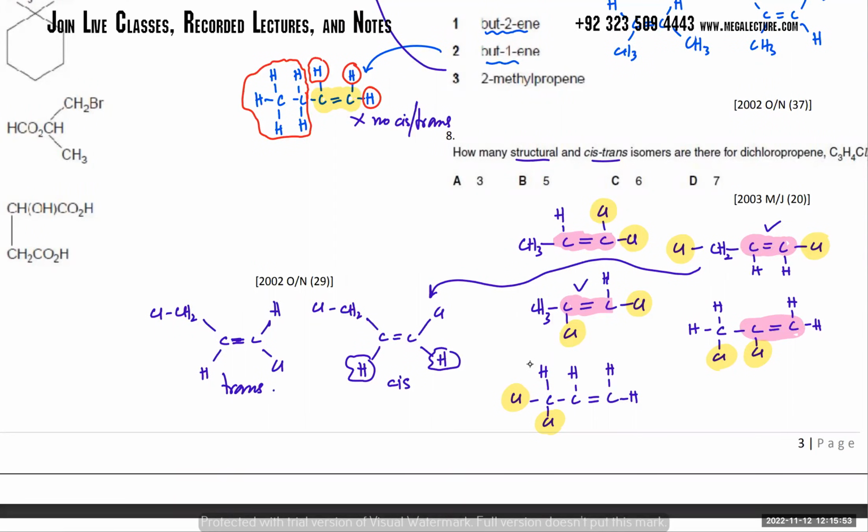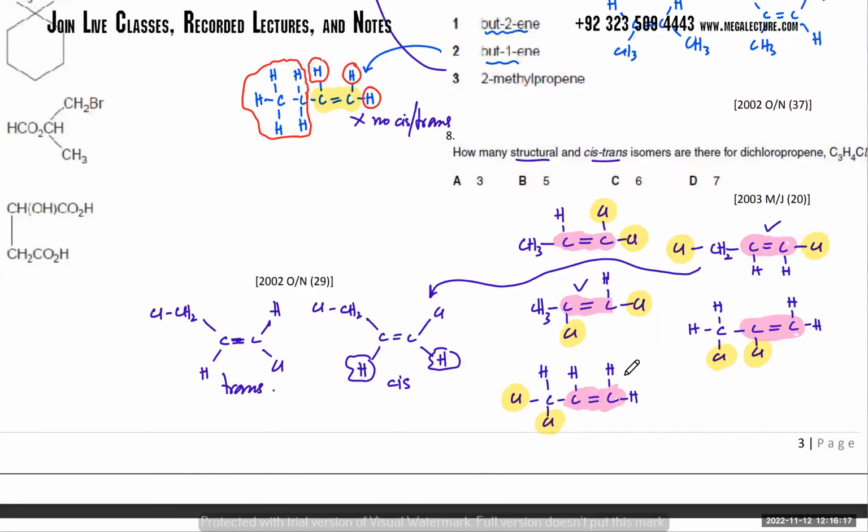No cis-trans. Okay, there's no cis-trans because this carbon is bonded to two H's. So even if you draw it three-dimensionally and switch the side, it's still going to look the same. And the fourth one will also not have cis-trans because even if you switch the side, it's still going to look exactly the same.